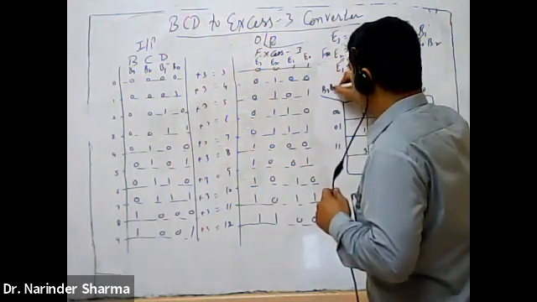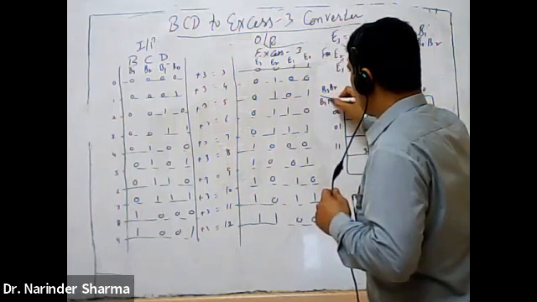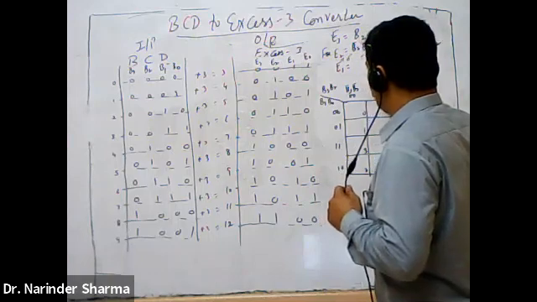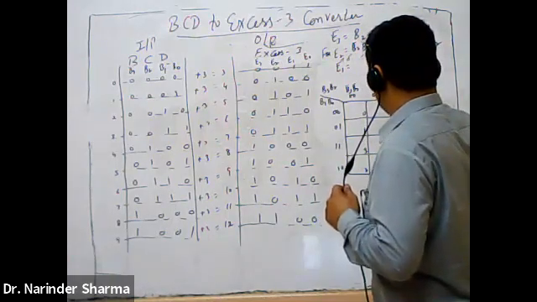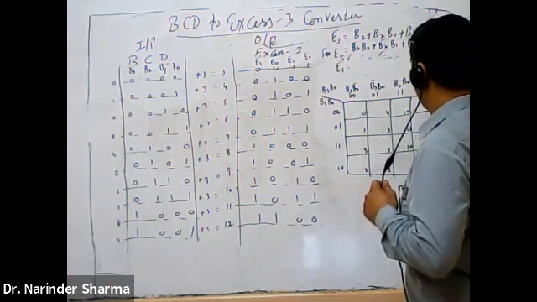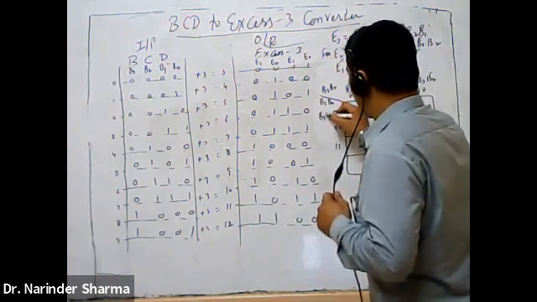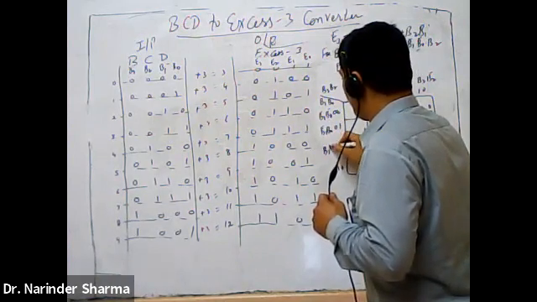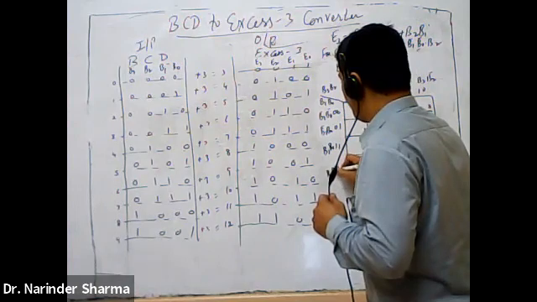B3, B2, B1, B0, B3 bar, B2 bar, B3 bar, B2, B3, B2, B3, B2 bar, B1 bar, B0 bar, B1 bar, B0, B1, B0, B1, B0 bar.